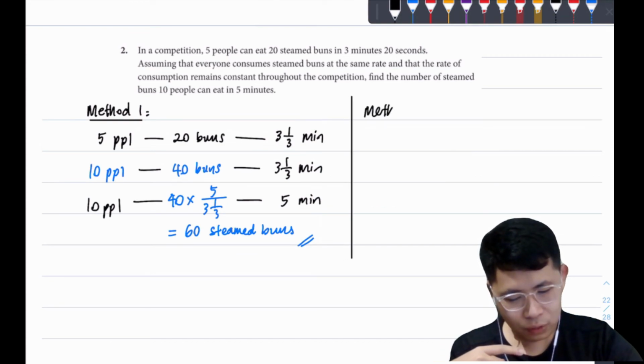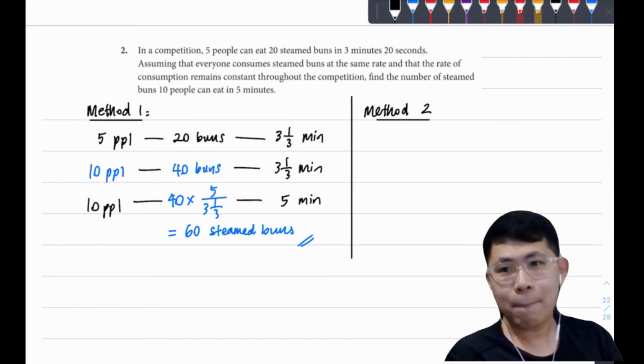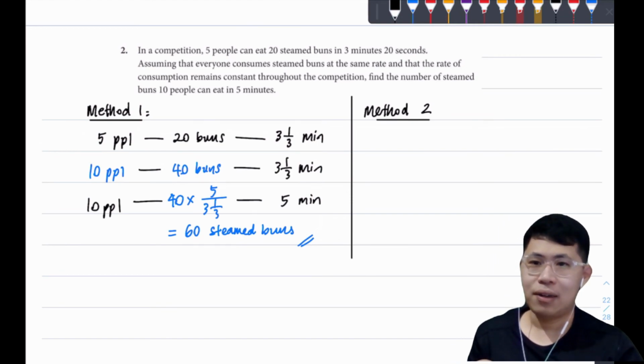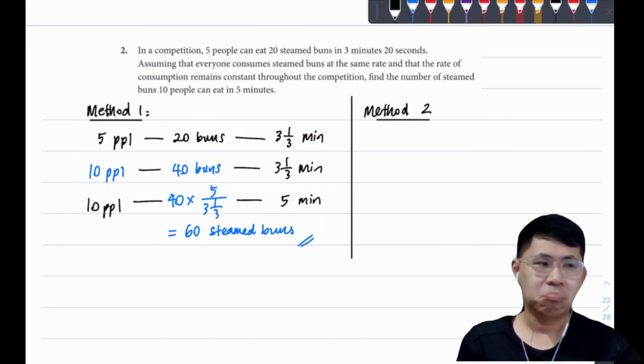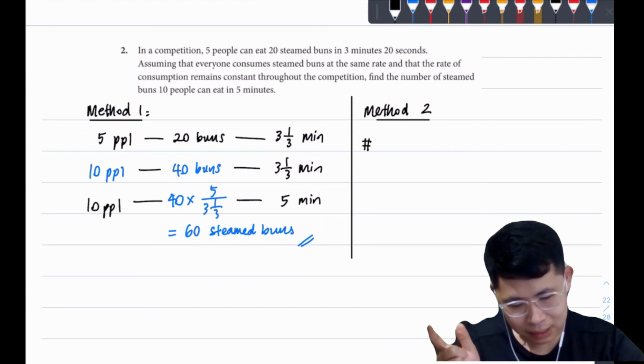So method 2, if you were to use your multiplication, make sure you write down the units clearly, okay? So if you're using the multiplication, how will it look like? Okay, so I'm looking for the number of steam buns. So the number of steam buns would be on top.